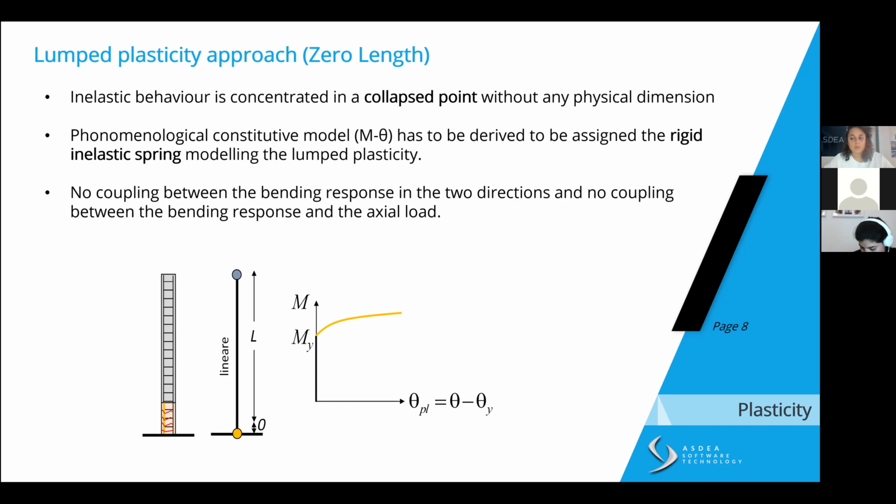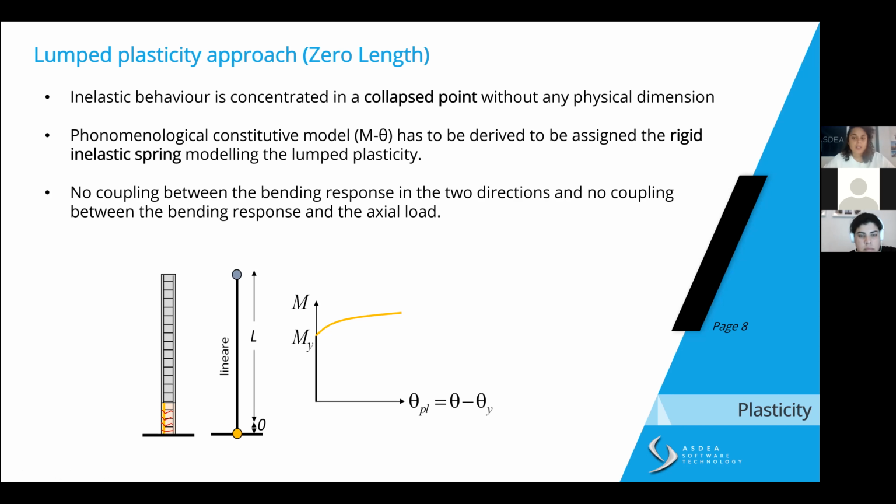So we will have to define a very, very large stiffness for this branch of the phenomenological law. And we have to define, of course, a phenomenological constitutive behavior, no more in moment curvature terms, but in moment rotation curves, because we are assigning this to a point. A point does not have any curvature because it's just a point.